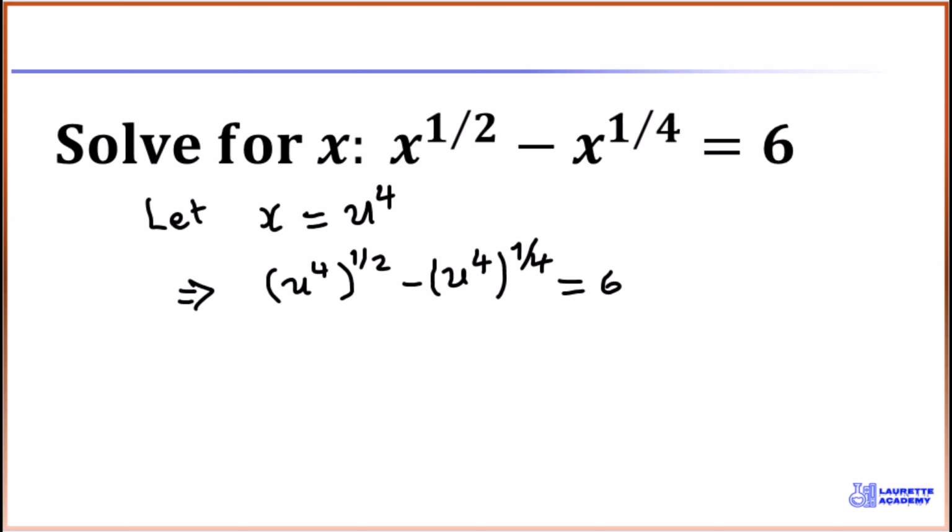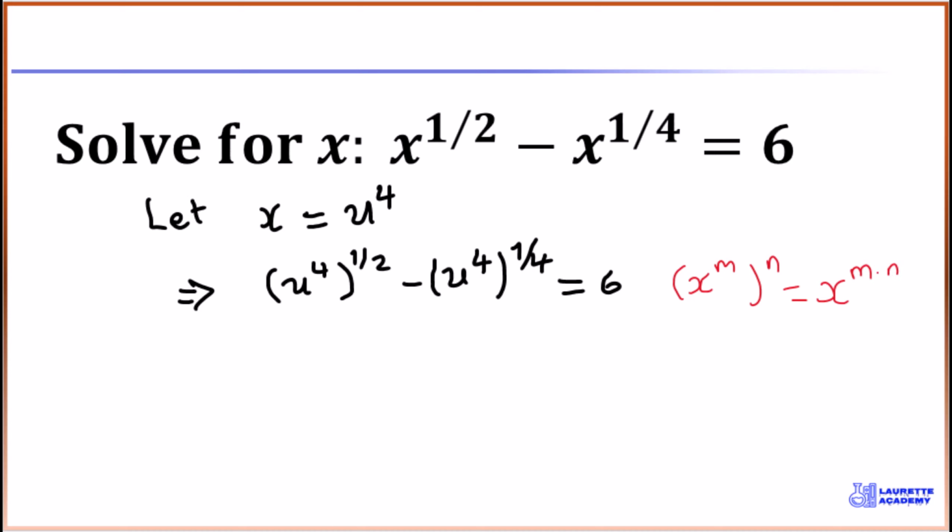Now we have a property of exponents that says that if we have x to the power m raised to the power n, then this is the same as x raised to the power m times n.